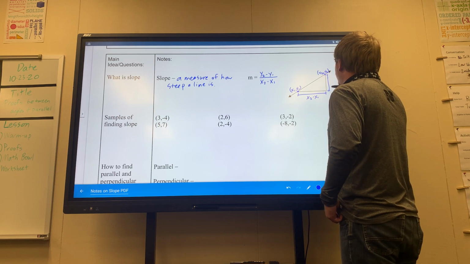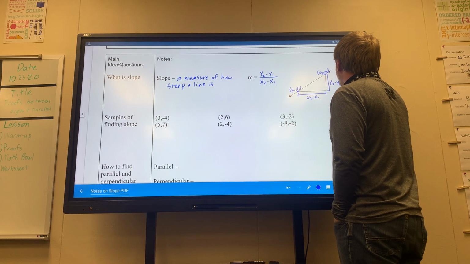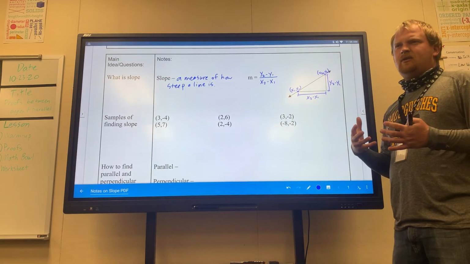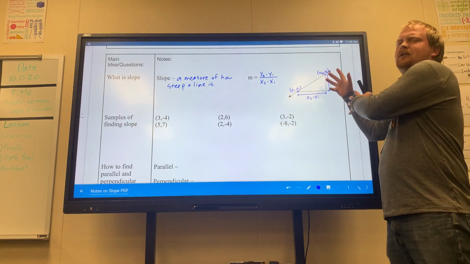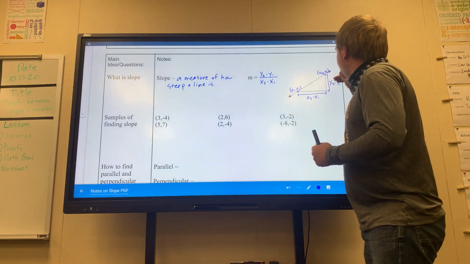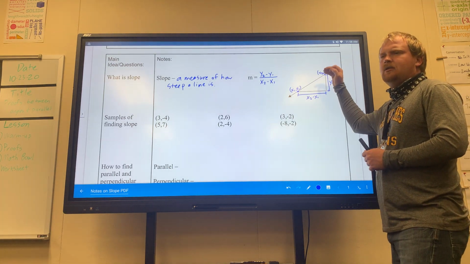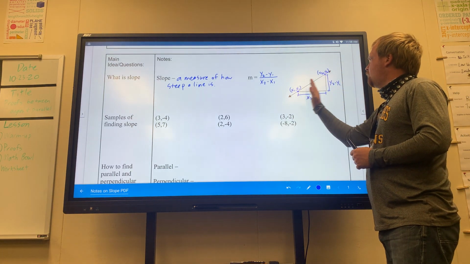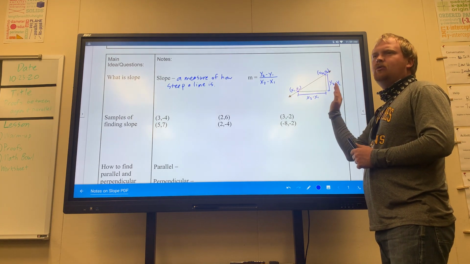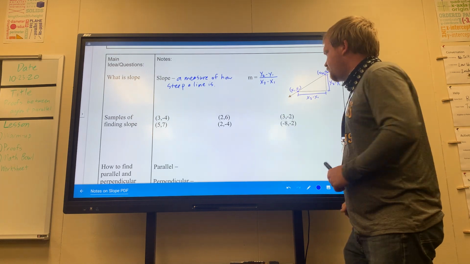And from bottom to top, that's y2 minus y1. Okay, and the same would be true if we apply this on a graph or on a grid. You just got to remember that the up and down, or the rise, is over the horizontal, which is the run. So remember, rise over run.